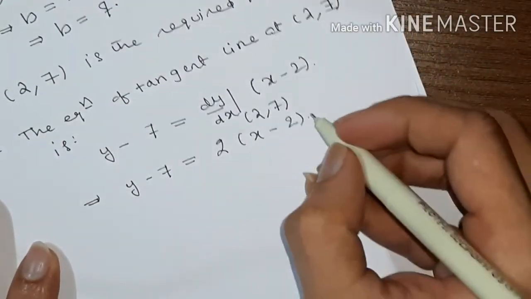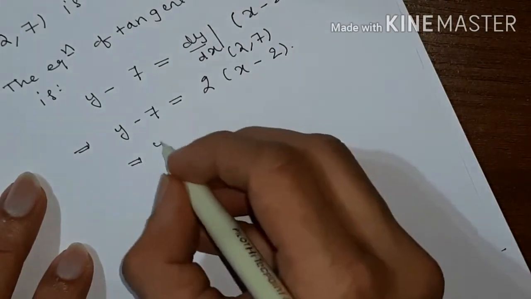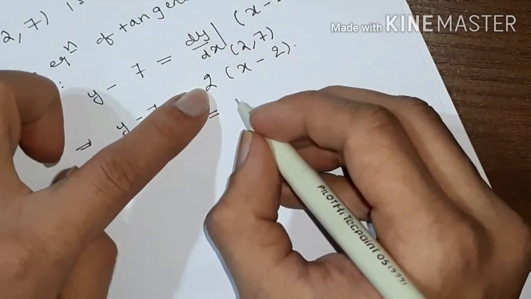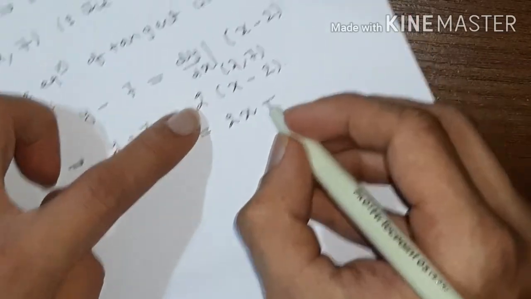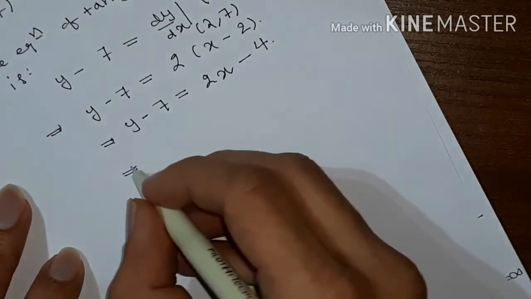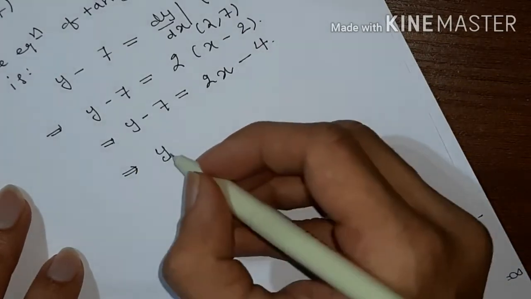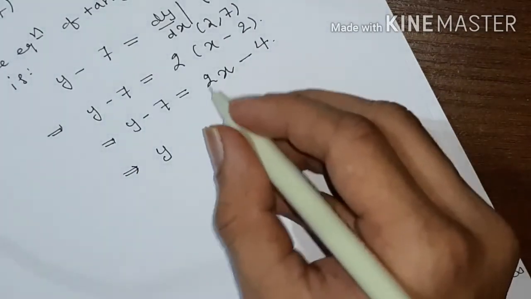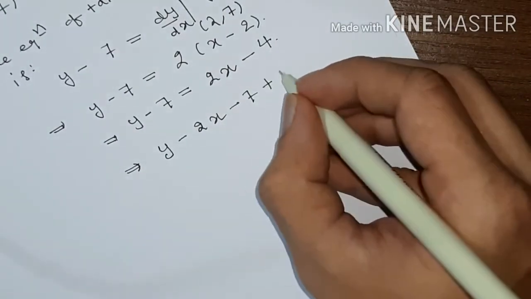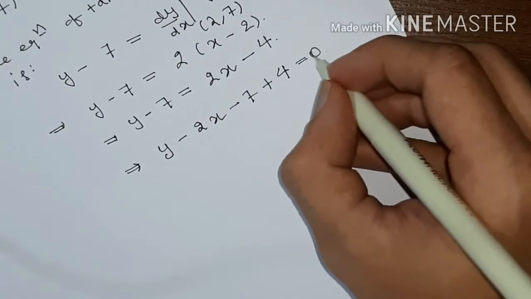Times x minus 2. So what we get is y minus 7 is equal to 2 times x, which is 2x, minus 2 times 2, which is 4. That means y minus 2x minus 7 plus 4 equal to 0.